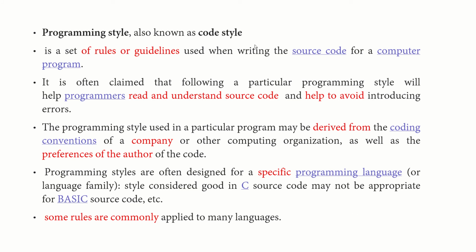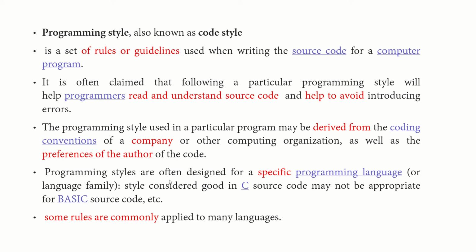We studied the meaning of a programming style or code style. It is a set of rules or guidelines that help the developer to write a program. The main advantage is that it helps programmers to read and understand the source code, source code meaning the program, and also helps to avoid errors. Each company will have its own coding convention, and it also gives preference to the authors who are creating the code.